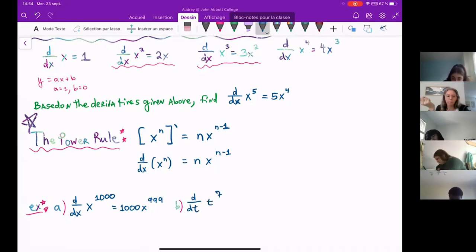This is the same thing, it's just in terms of t, and I want you to notice that then the thing on the bottom becomes d dt. So it's like the change in t as opposed to the change in x. And what's that going to give me? 7t to the 6. And let's just do one more. x to the pi.